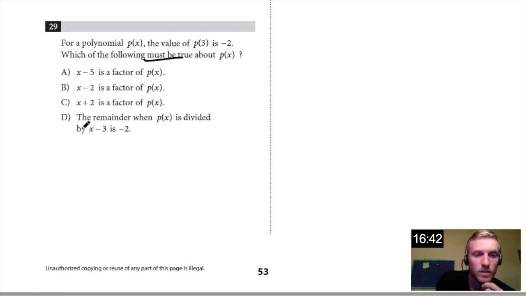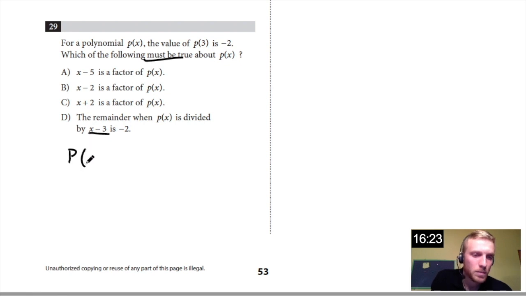Let's test D. So we have x minus 3 here. We have a 3 here and a solution of minus 2, and we see minus 2 again. So let's test this. So let's try saying p of x, so we have divided by 3.